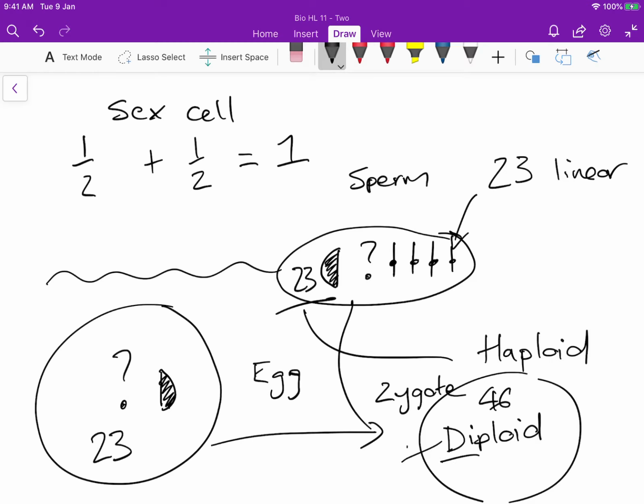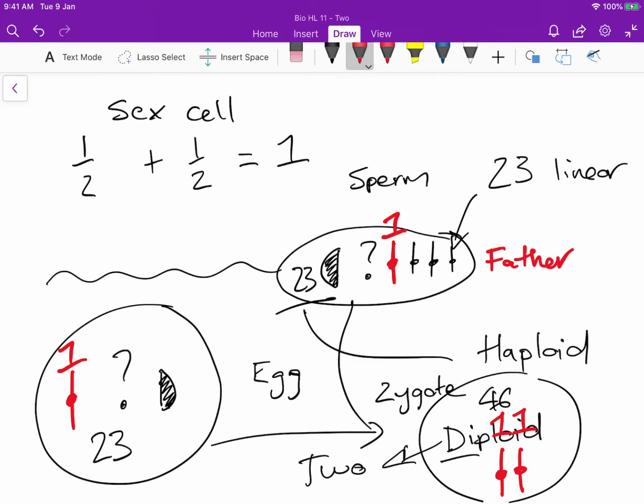Di we can think of as meaning two, and this means that for every chromosome, so let's just make this one red, we would have 2 copies of each chromosome. Maybe that's chromosome number 1. And so in the diploid cell, we will have 2 copies of number 1, where one of them has come from the father and one of them has come from the mother.